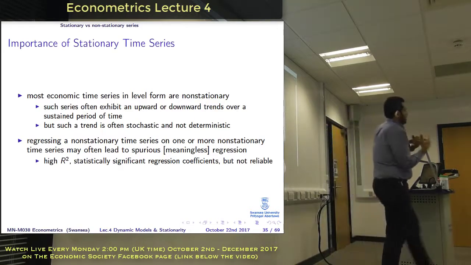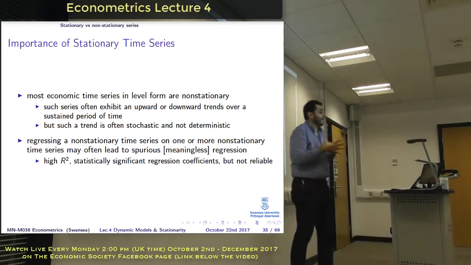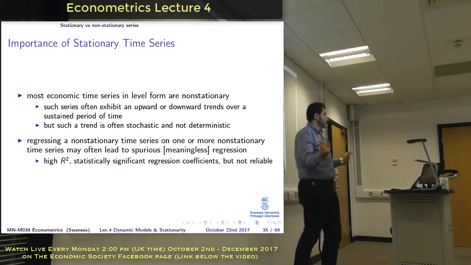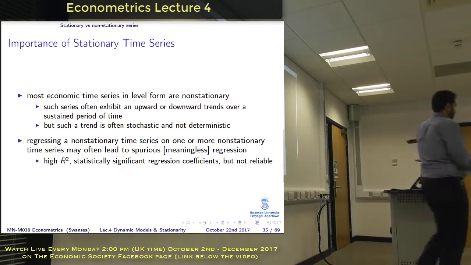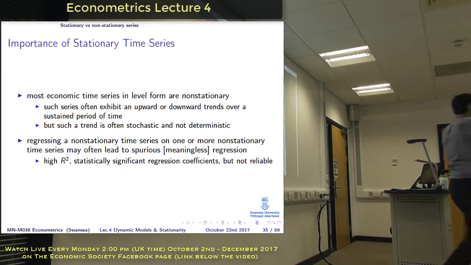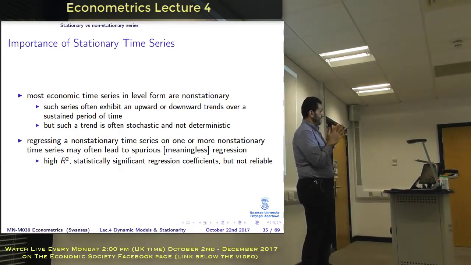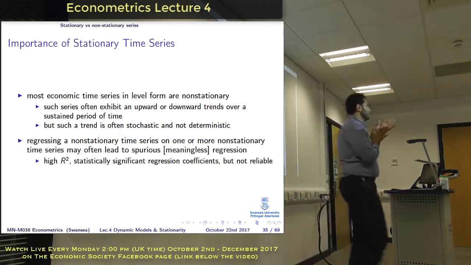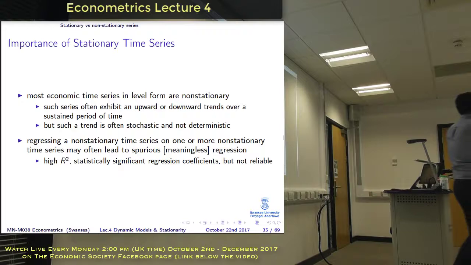For example, if you get data for two variables that are not related at all, let's say your height and the GDP, and you regress these two together, you might get significant results, meaning your height determines the GDP. Or your height determines your income, for example. It wouldn't make sense.